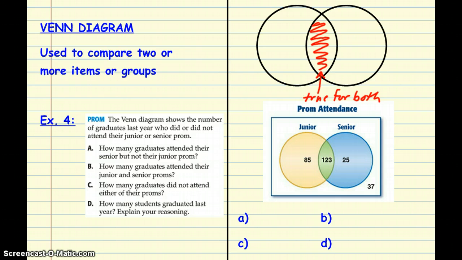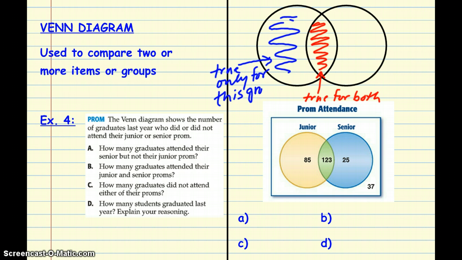Anything over here on the left-hand side is true only for this one. And over here on this right-hand side, this is true only for this one.